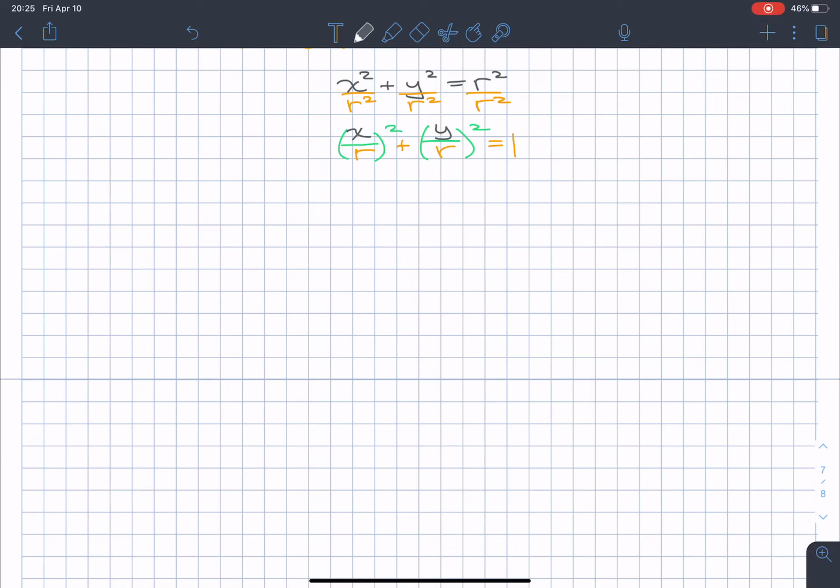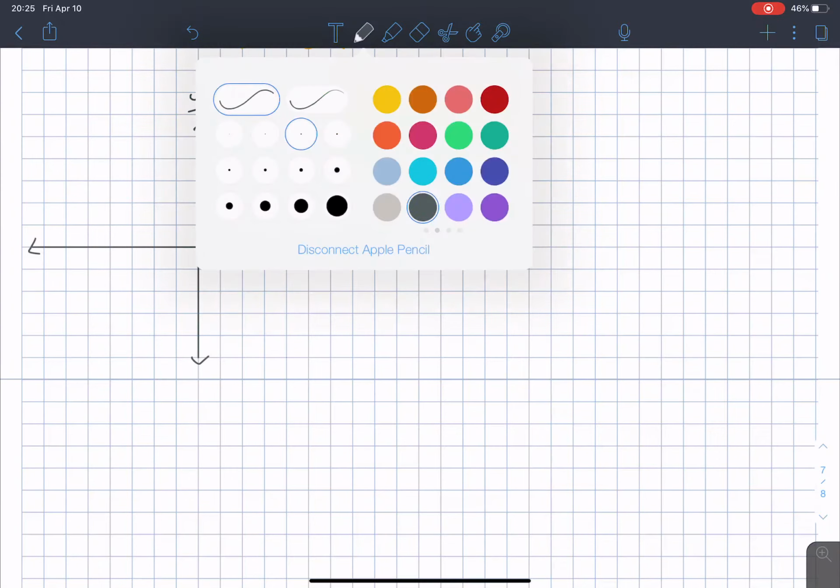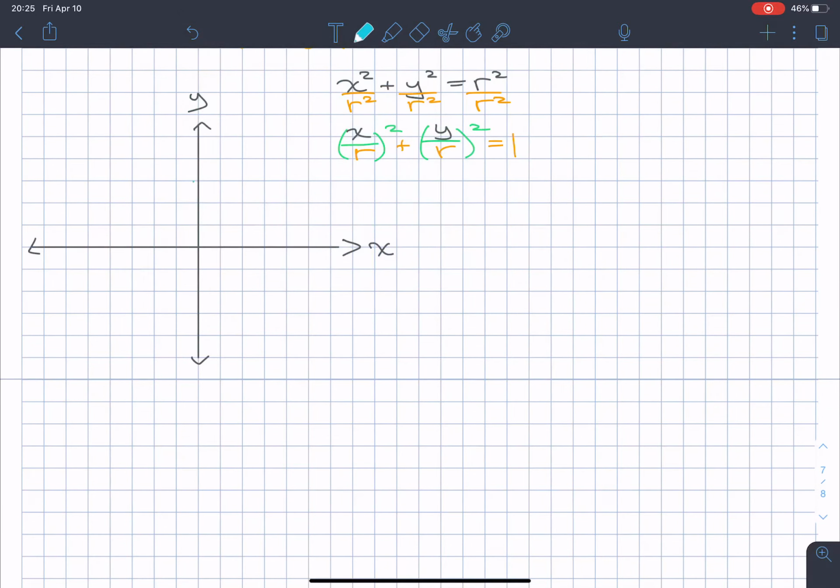So let's say we have, I think I tried to make a radius 5. Let's see if I can make a radius 5 on this thing. X and Y. 1, 2, 3, 4, 5. Hopefully that's a radius of 5.